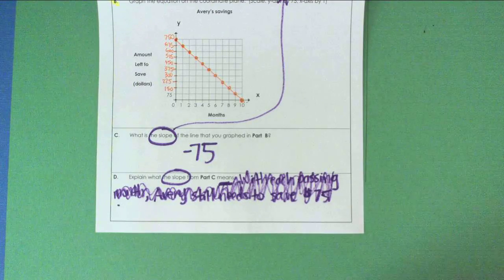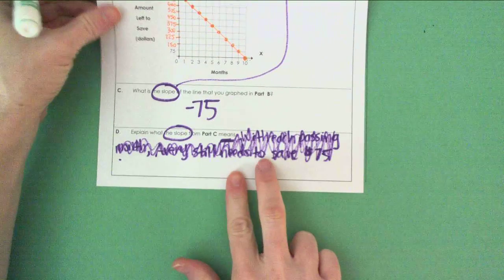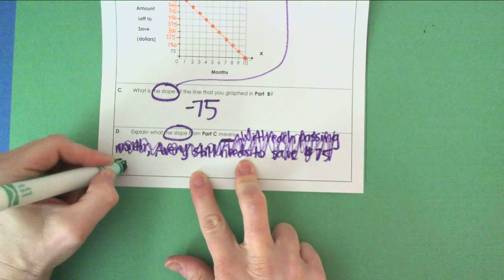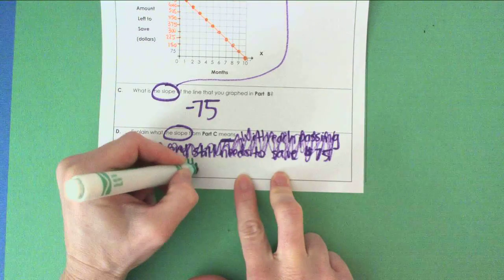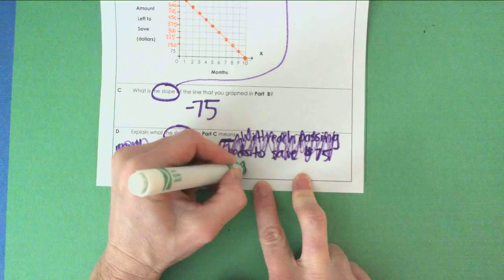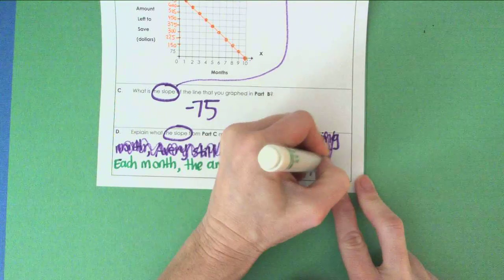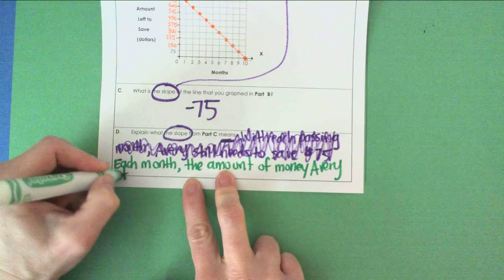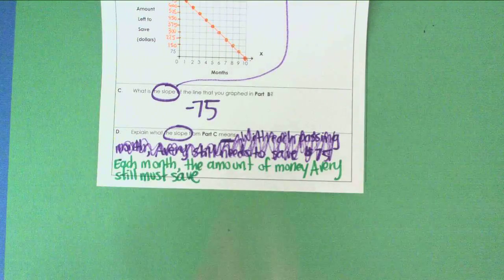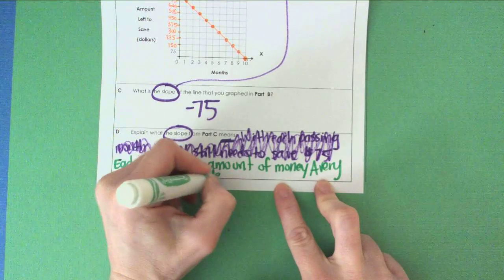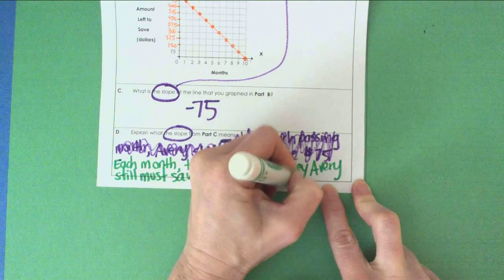Let's say this. Each month, the amount of money Avery still must save decreases by $75.